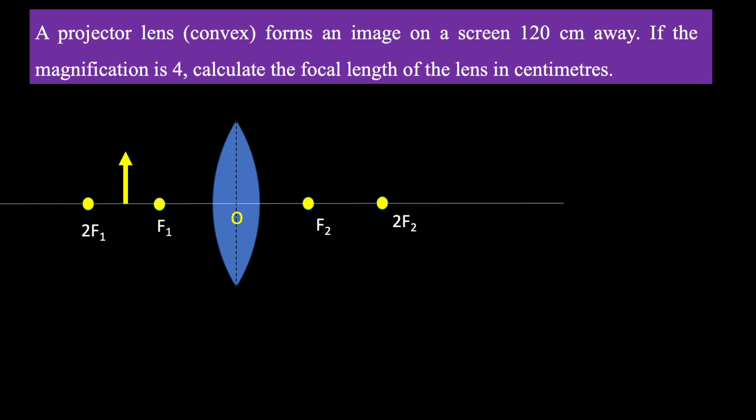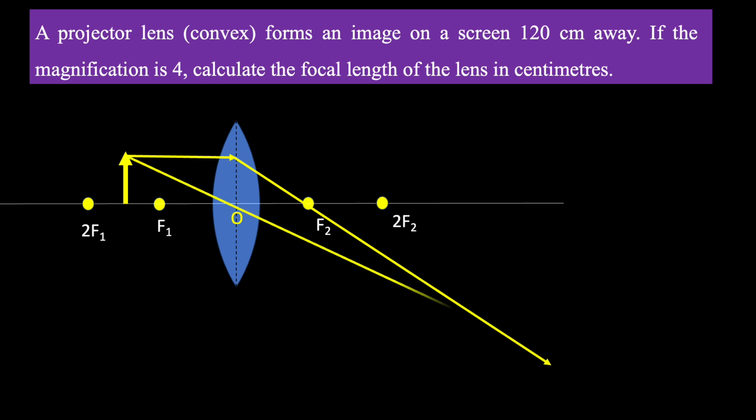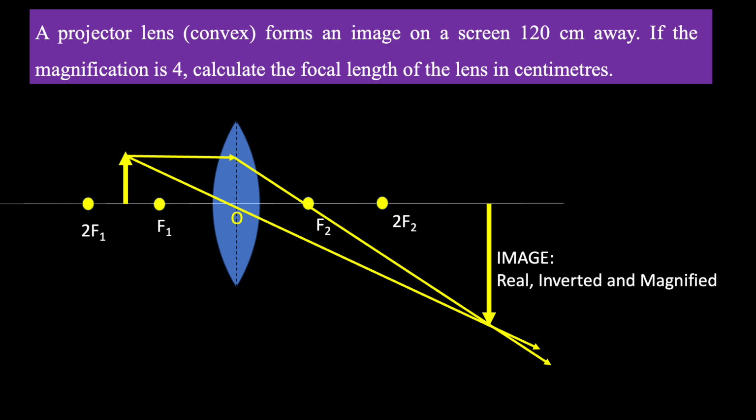Let's draw a rough ray diagram. Here is the magnified image. It is real and inverted. Image is real, inverted and magnified.